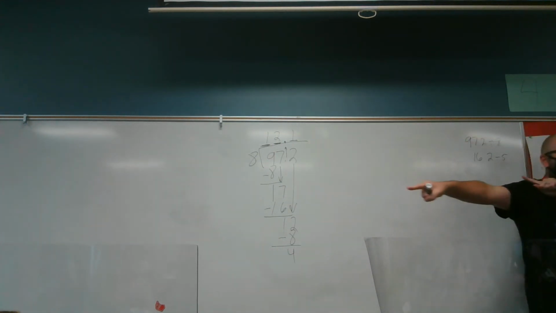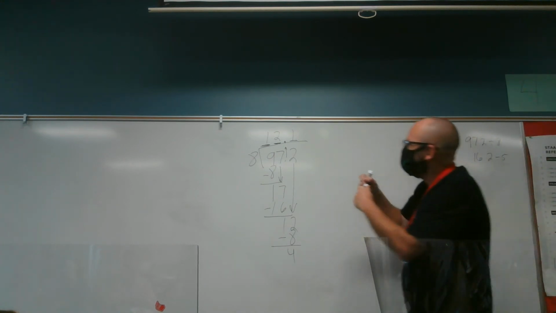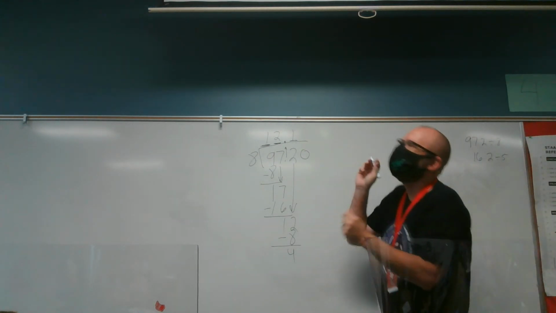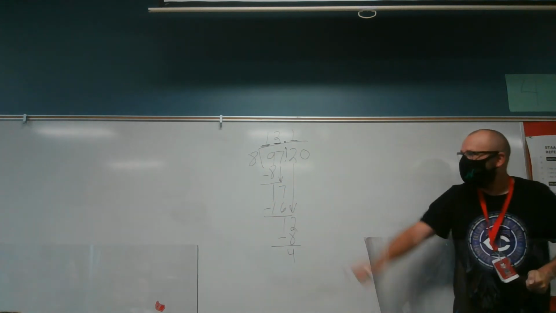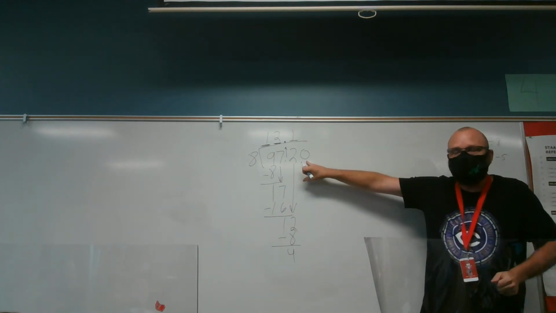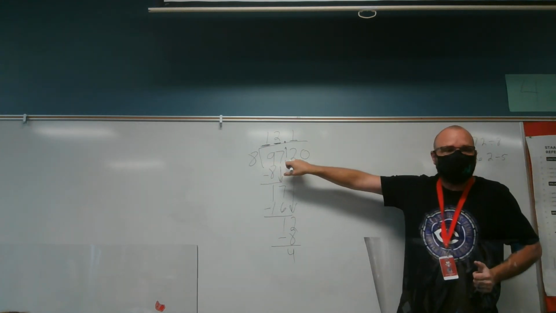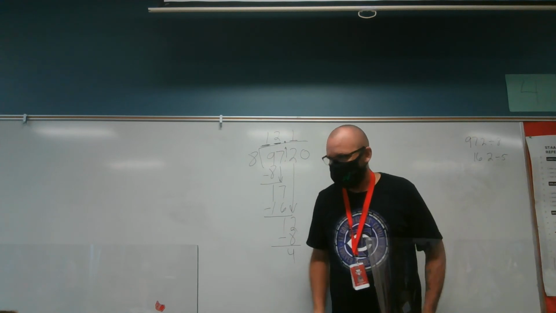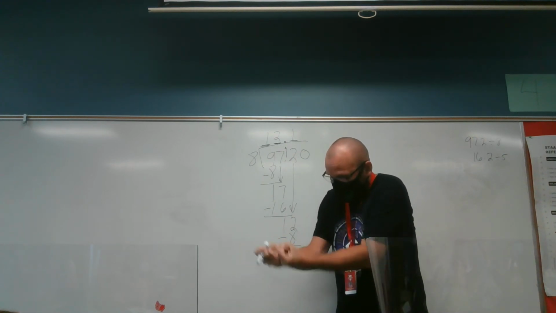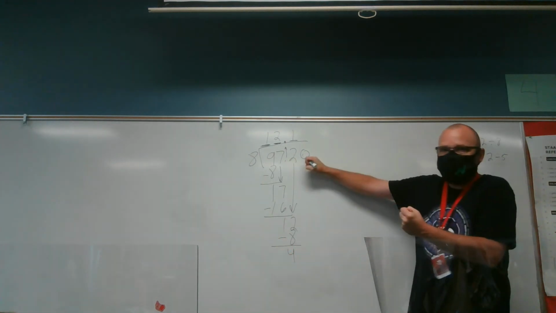So what is it we do, Elizabeth? We add a 0 and then bring it down because adding a 0 doesn't change the value. I have 97 and 2/10. If you gave me 0 hundredths, you're giving me nothing. So that doesn't change the value.